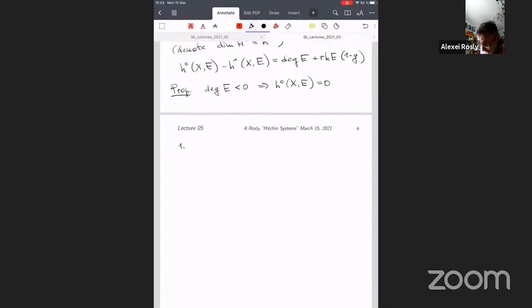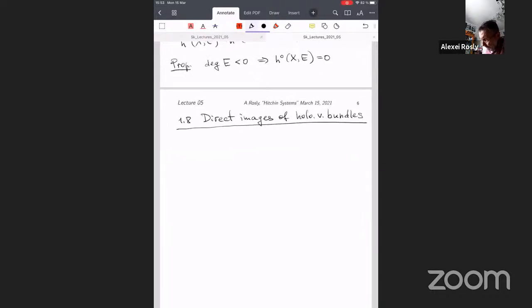Okay, now let us start subsection 1.8, which will be direct images of holomorphic bundles. First, recall that there is an operation of inverse image.